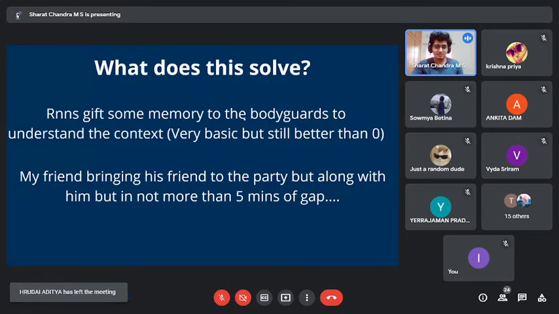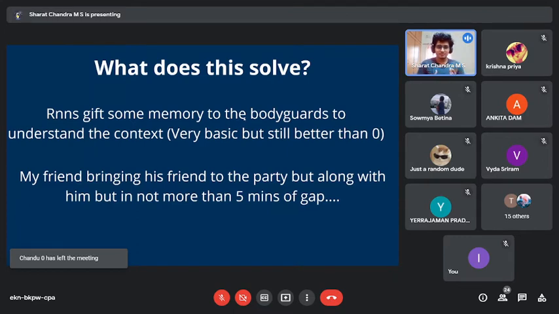What does this solve now? RNNs give this memory slash context that we didn't have previously. So now the bodybuilders have very little memory, but that's still better than zero.